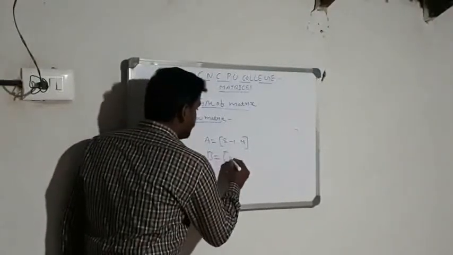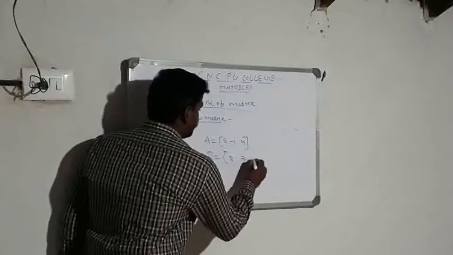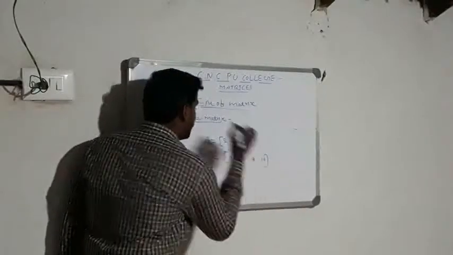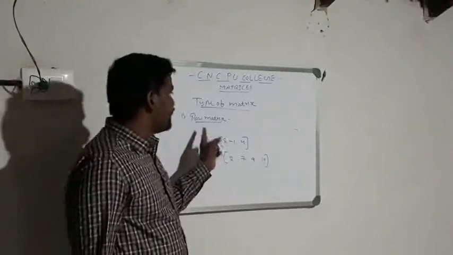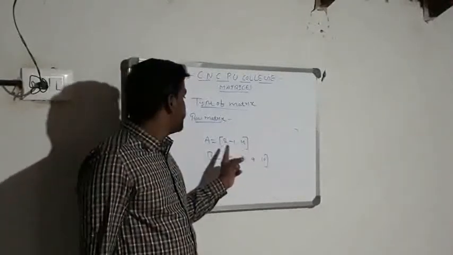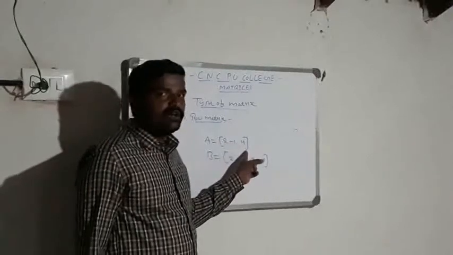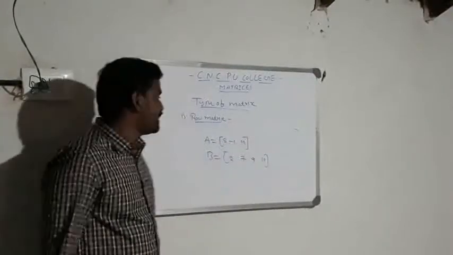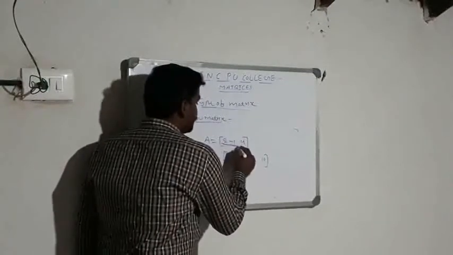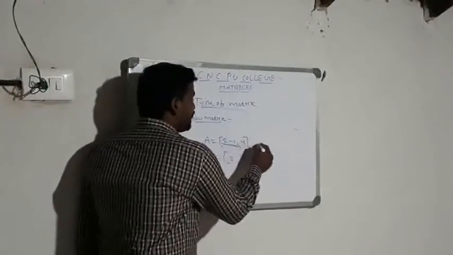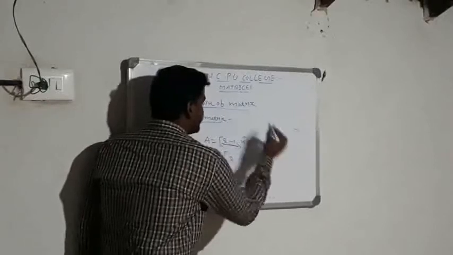Another example, matrix B is also called a row matrix. A row matrix is a matrix which contains only one row. For example, A contains only one row and 3 columns. The order of this matrix is 1 cross 3.